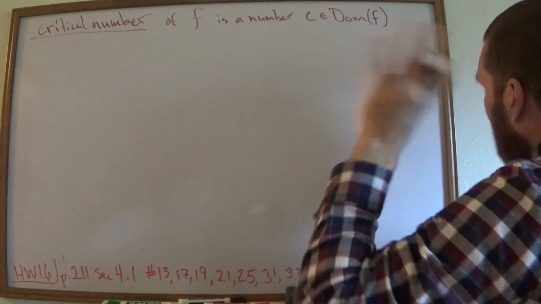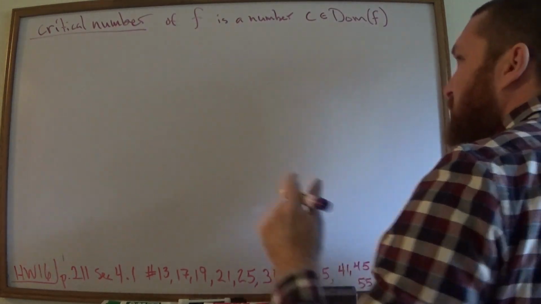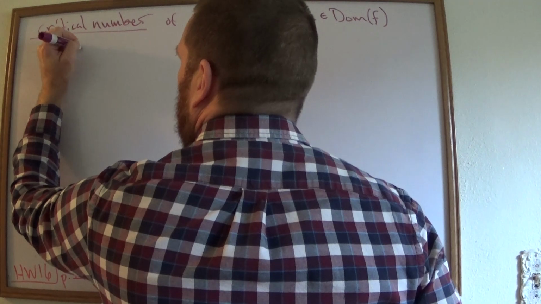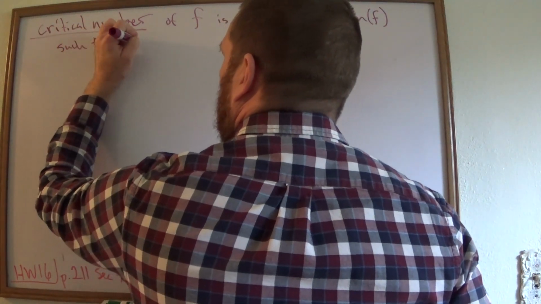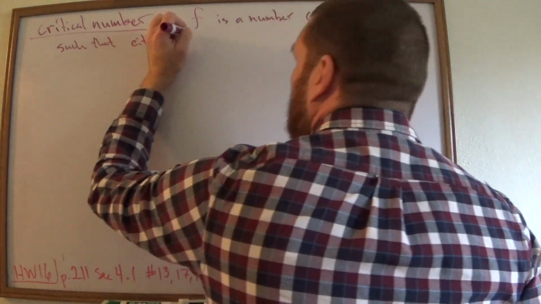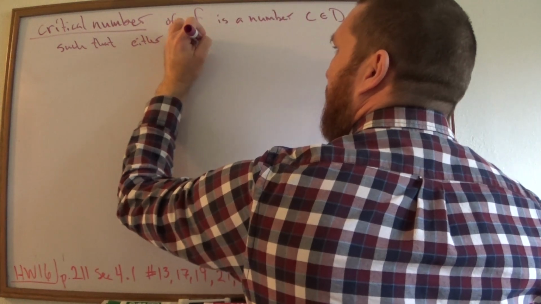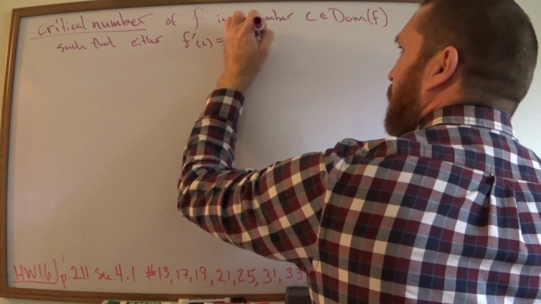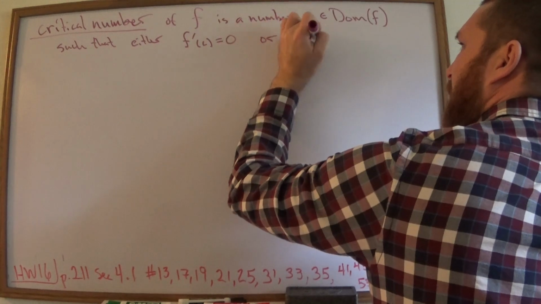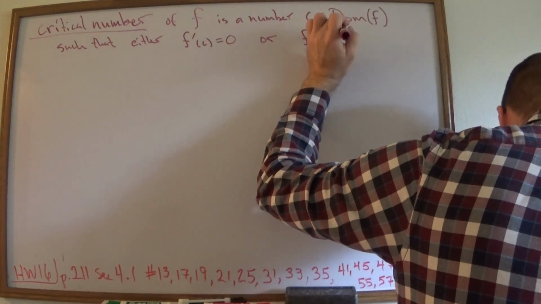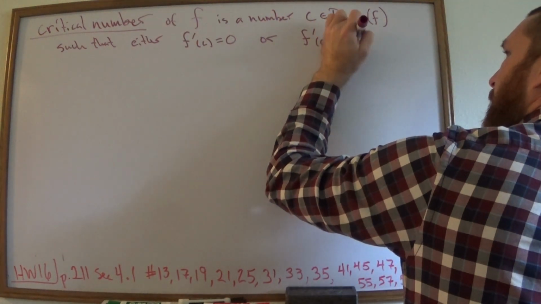So some number in its domain such that either f prime at C is equal to 0 or f prime at C does not exist.